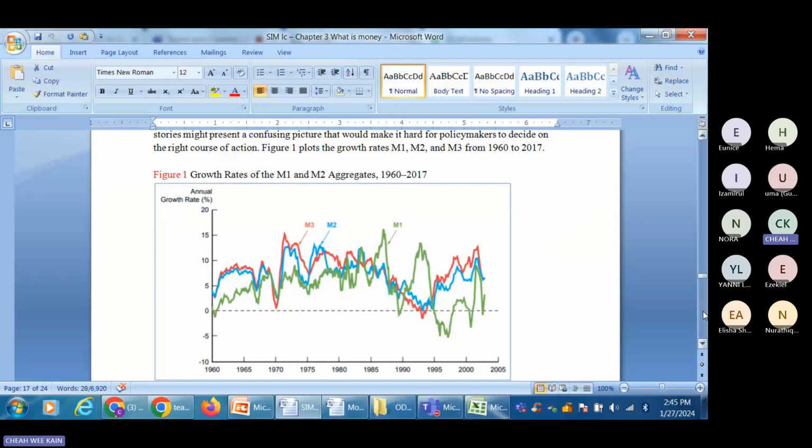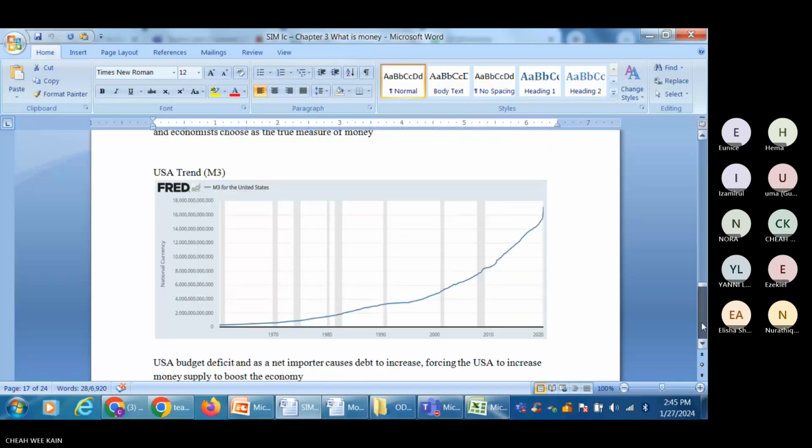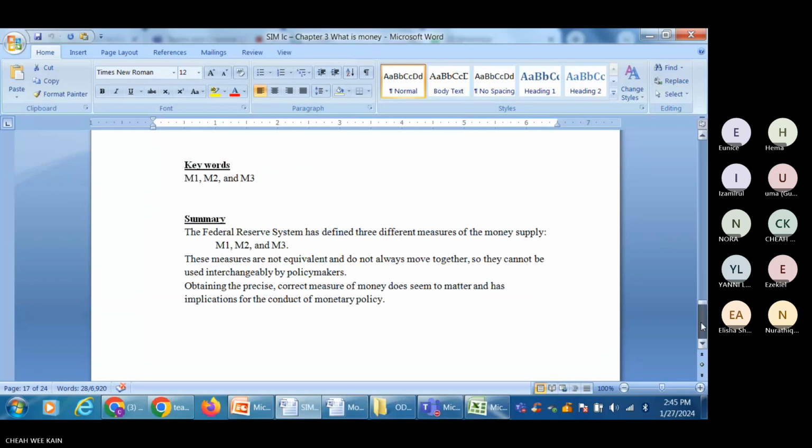M1, M2, M3. In many cases M1 will be lower, because M1 plus something becomes M2, and M2 plus something becomes M3. But sometimes you have a situation whereby the green color becomes more. These are situations where there's a financial crisis, because there's no more credit.